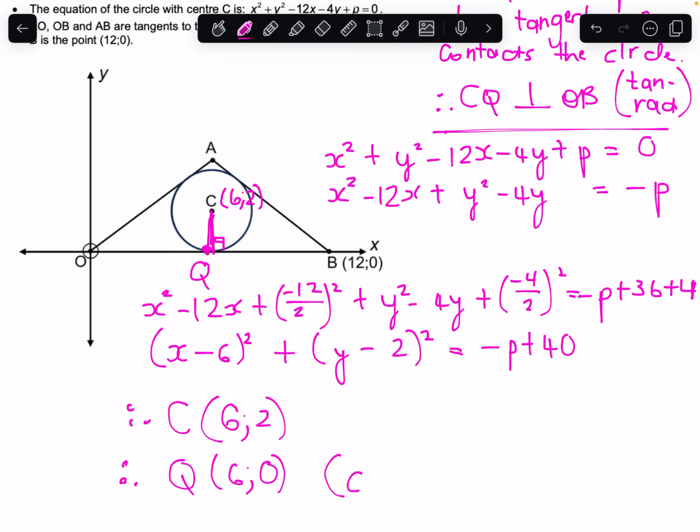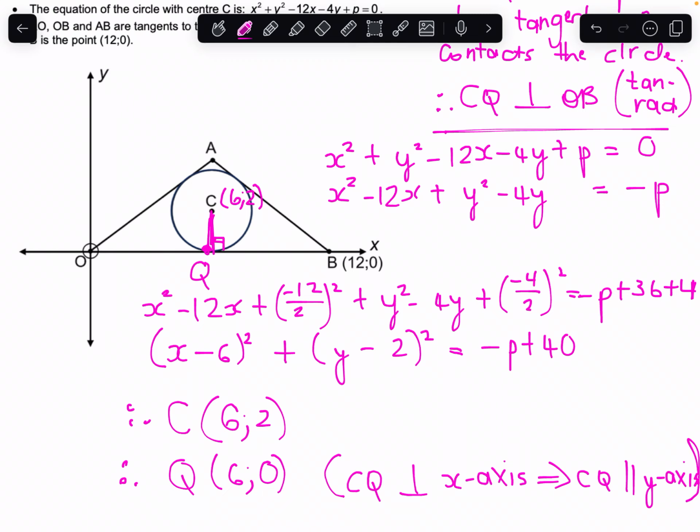And that's because we showed that CQ is perpendicular to the x-axis, right? And so, just to make it abundantly clear, that tells us that CQ is parallel to the y-axis, which tells us that these points are directly, the one is directly above the other or directly below the other.